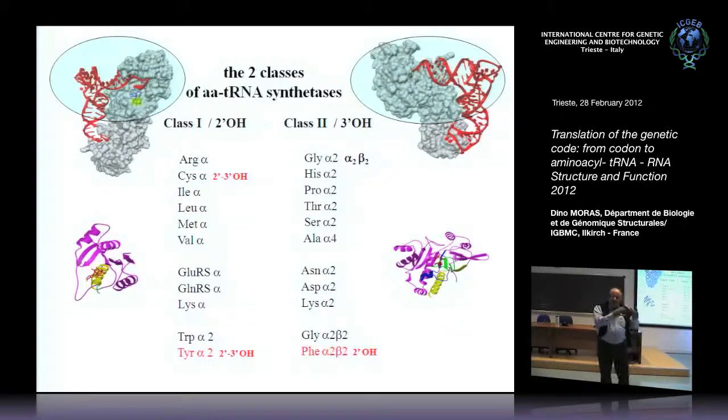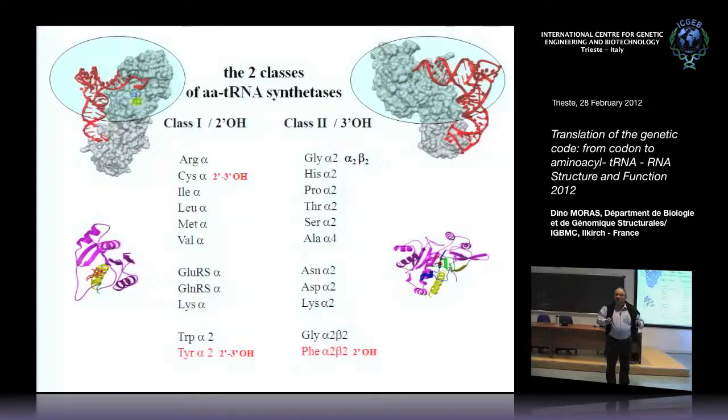So the Rossmann fold was there, and so it made a lot of sense. You have enzymes doing the same reaction, charging the transfer RNA. They must be the same class. They must have the same active site. This is also a good lesson for you guys. Never be sure. It's not because it's obvious that it is true.